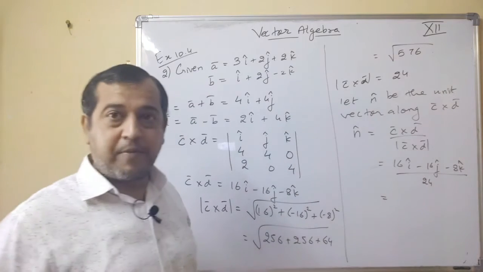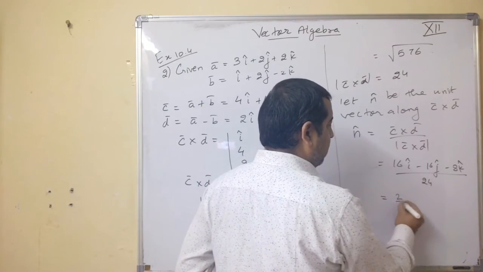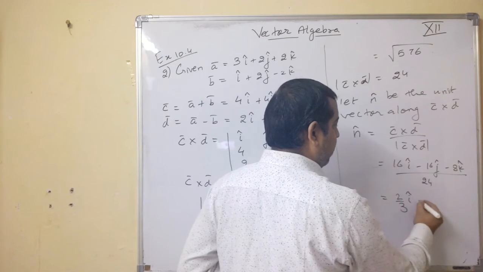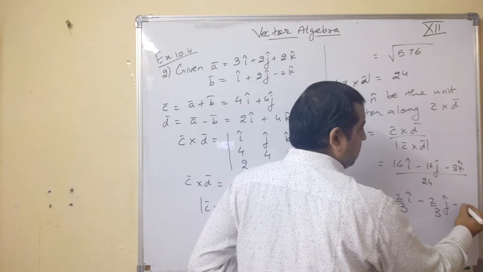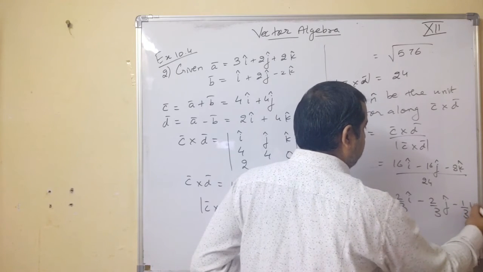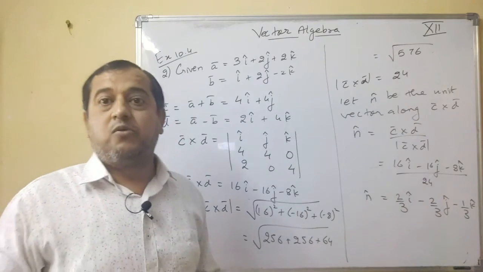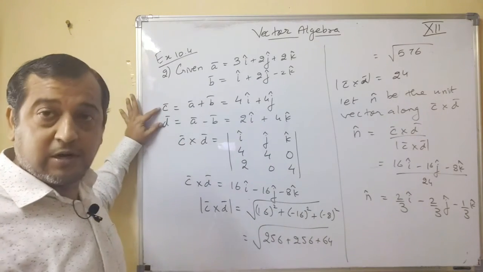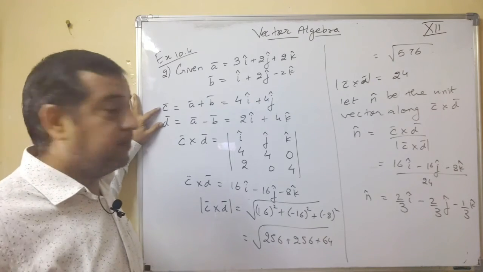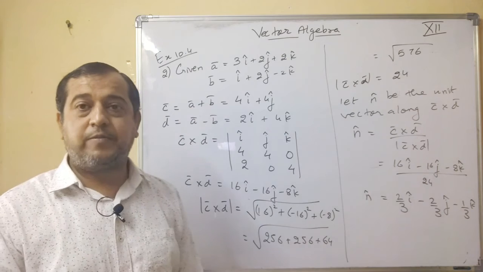Separate the terms. 16 by 24, divided by 8, you get 2 by 3 i cap minus 2 by 3 j cap minus 1 by 3 k cap. This turns out to be the unit vector which is perpendicular to both vector C and vector D, in short, perpendicular to both vector A plus B and vector A minus B.